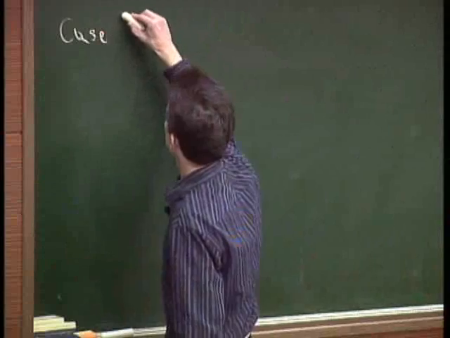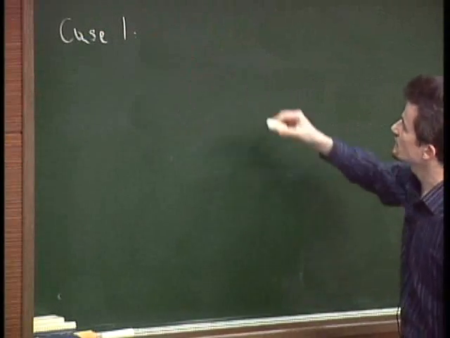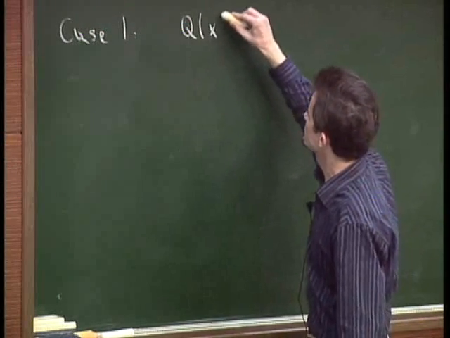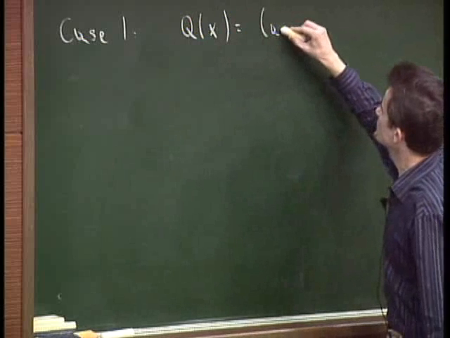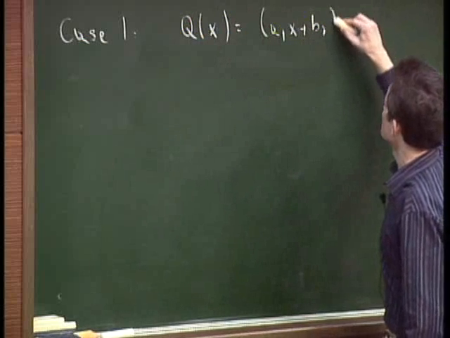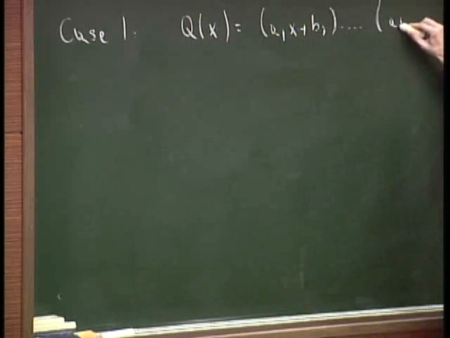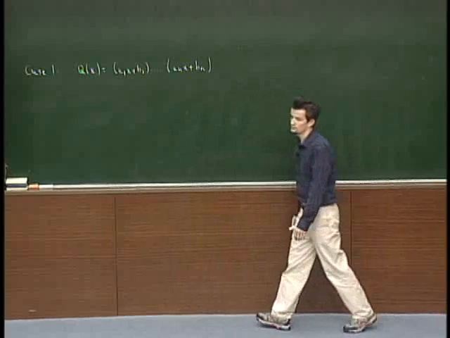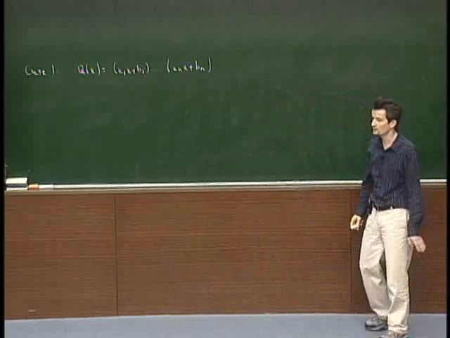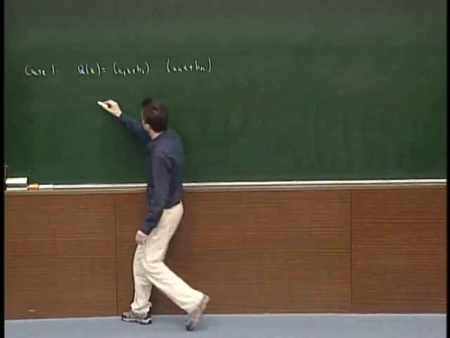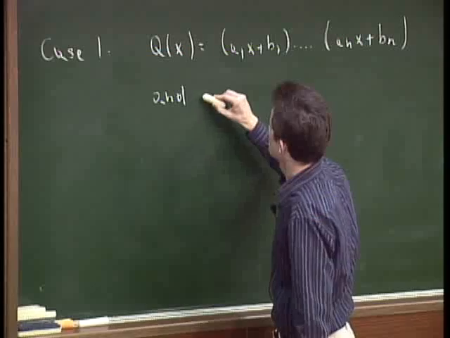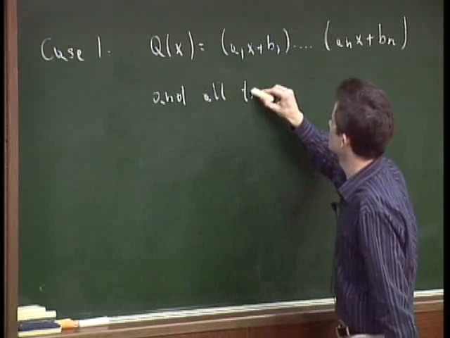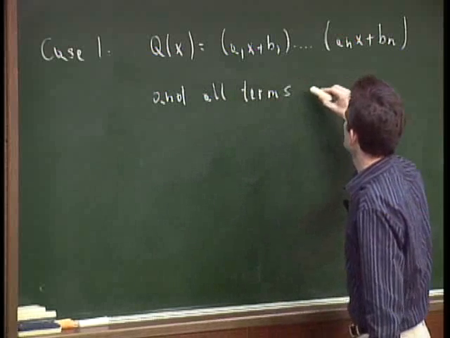The first case, which we are going to discuss, is where you are able to write q of x as a product of only linear terms. Okay, no quadratic terms occur, and all terms are different.